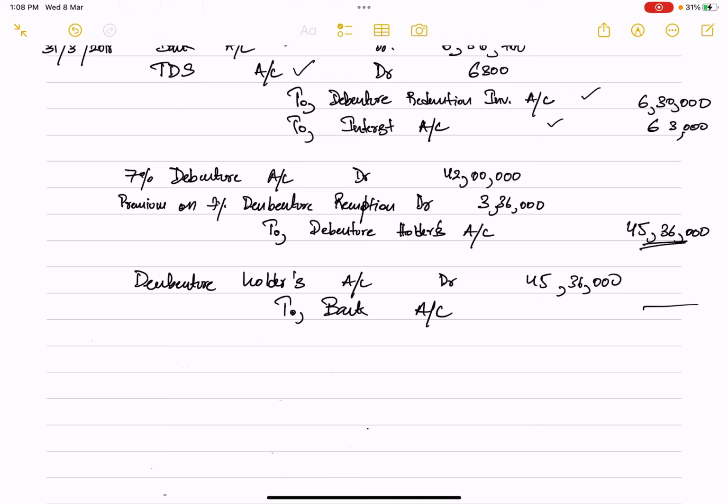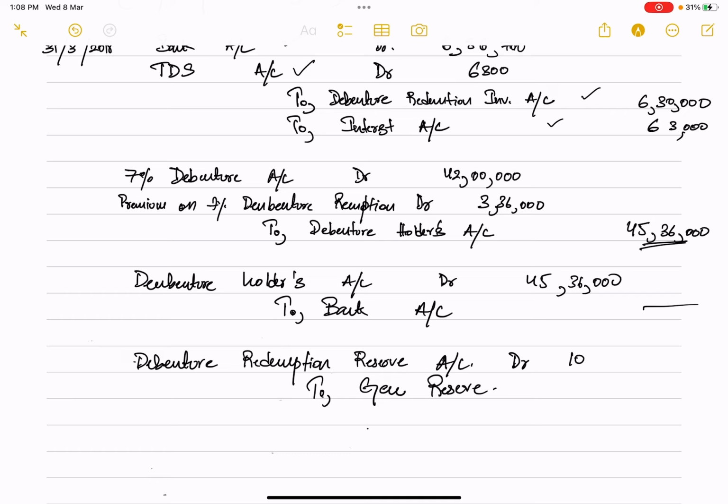Now after this, finally what you need to do is whatever DRR was created, we need to transfer to our general reserve, and for that what will be the entry? The debenture redemption reserve account that we have will be debited, and it will be transferred to your general reserve.